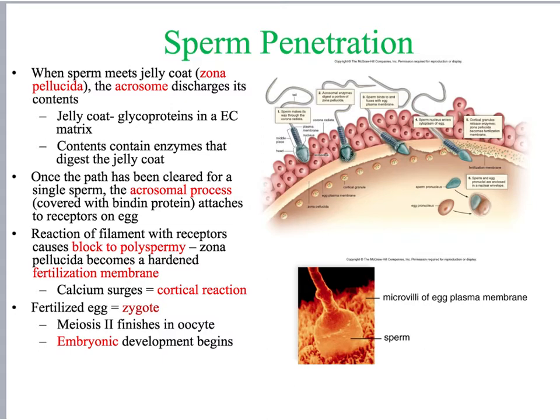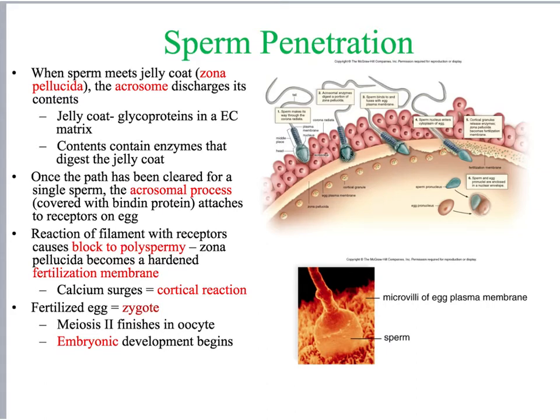And this is just a big layer of glycoproteins in an extracellular matrix. And the contents of the acrosome of a sperm, once it hits the egg, is designed to digest not only some of those corona radiata cells, but also to digest the jelly coat.